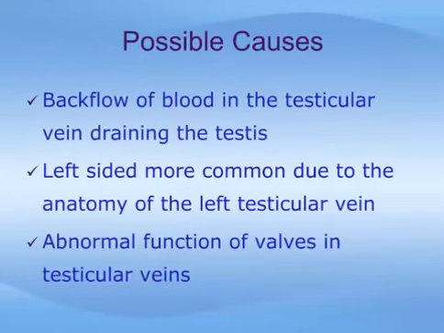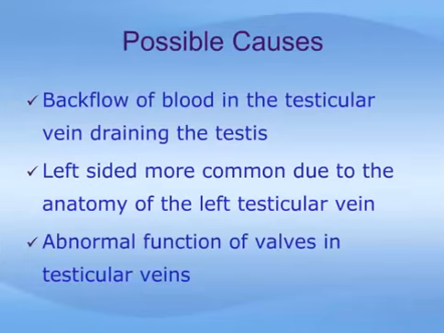Dilated veins result from back pressure in the testicular vein, which produces dilatation and poor flow through the network of veins draining the testicle. A number of different theories can account for this phenomenon, but since it usually results on the left side, most feel it is the result of the geometry between the left testicular vein and left renal vein.